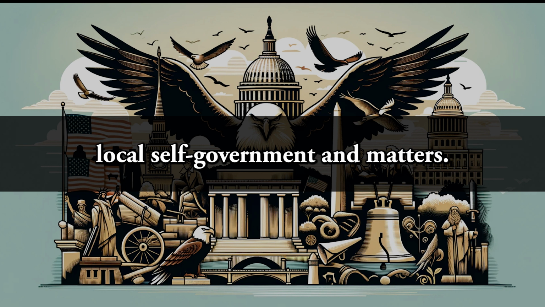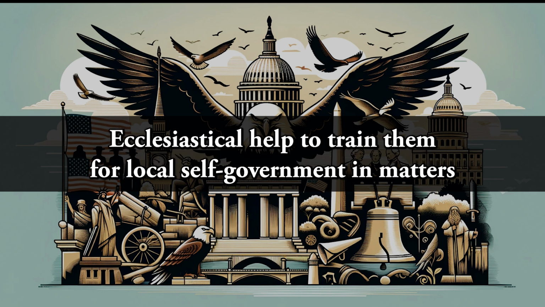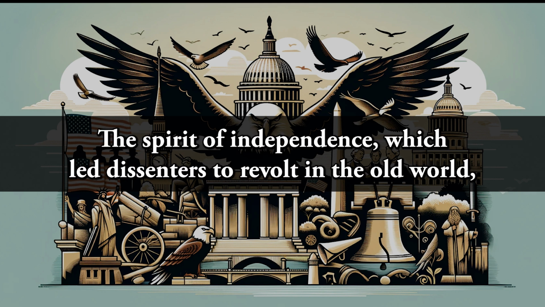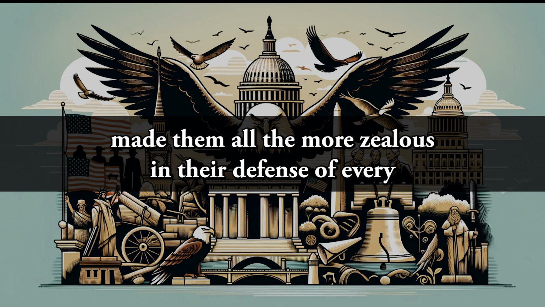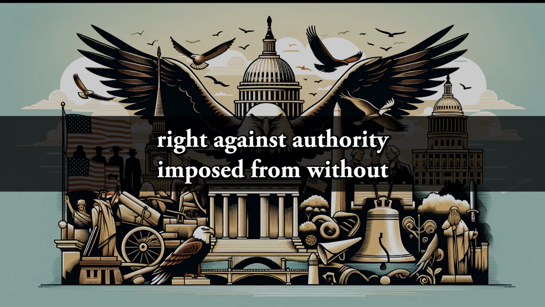Local self-government in matters ecclesiastical helped to train them for local self-government in matters political. The spirit of independence which led dissenters to revolt in the Old World, nourished as it was amid favorable circumstances in the New World, made them all the more zealous in the defense of every right against authority imposed from without.